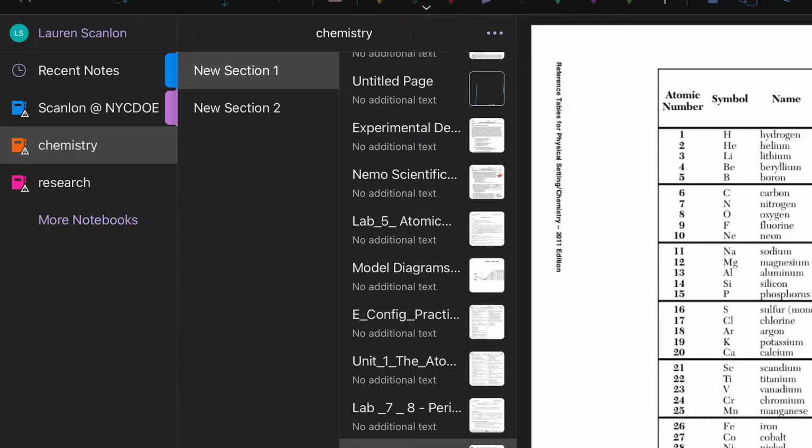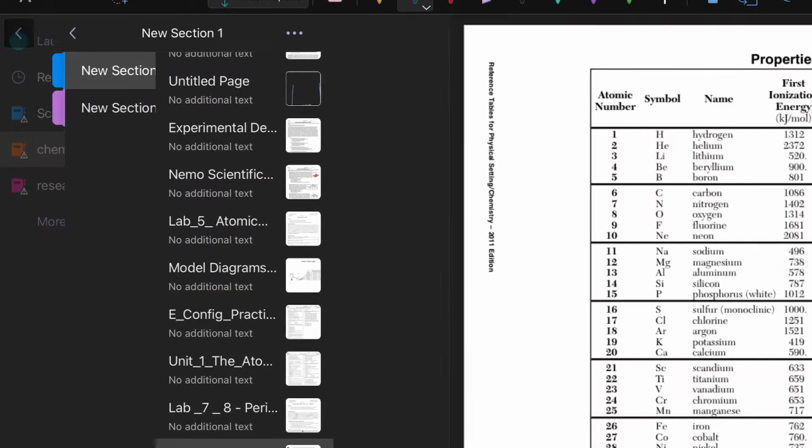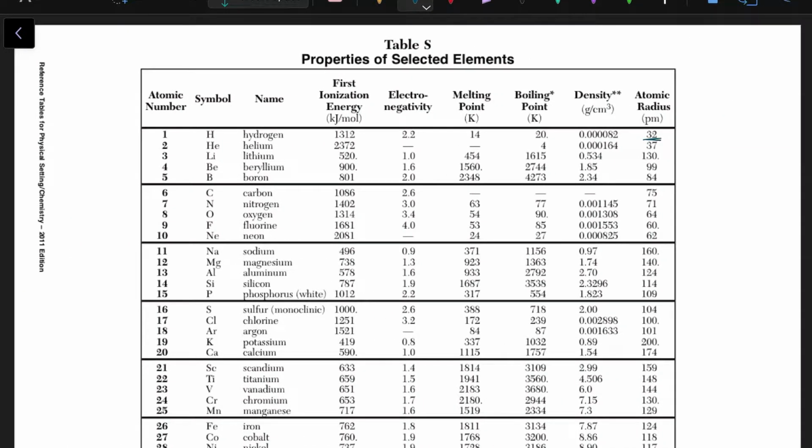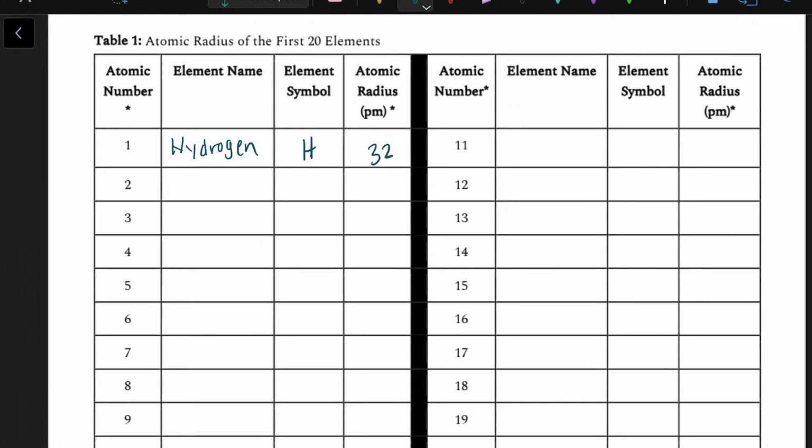For example, atomic number 1 is hydrogen with the element symbol H, and the radius for hydrogen is 32. So you write that down and you go through that for the other 19 elements.